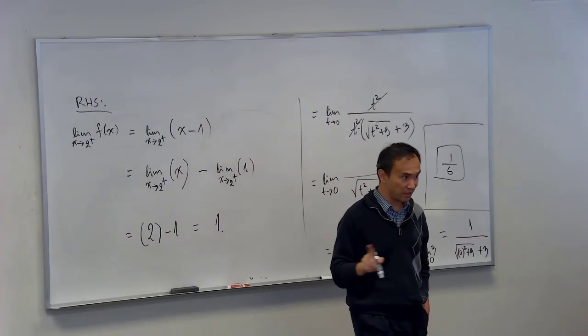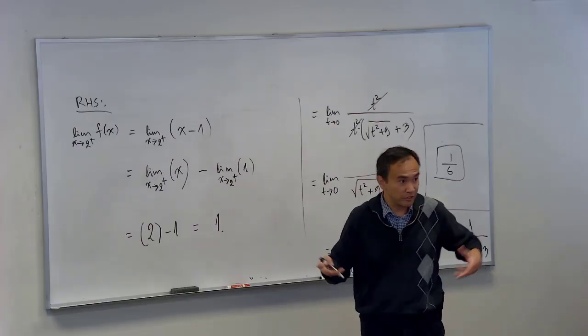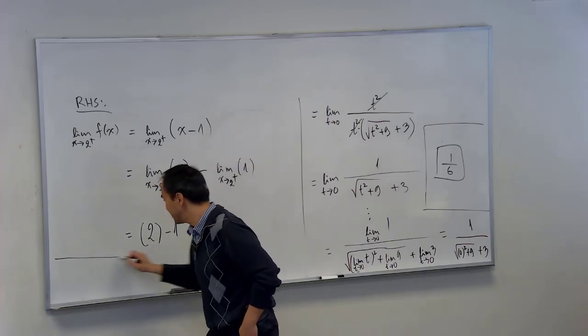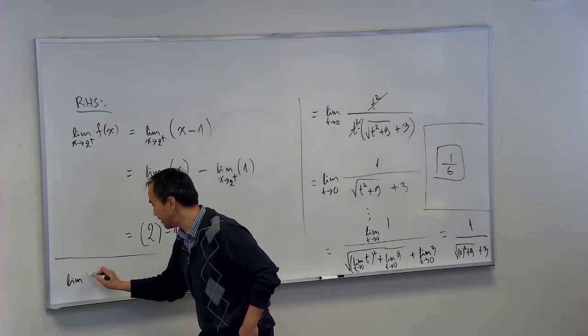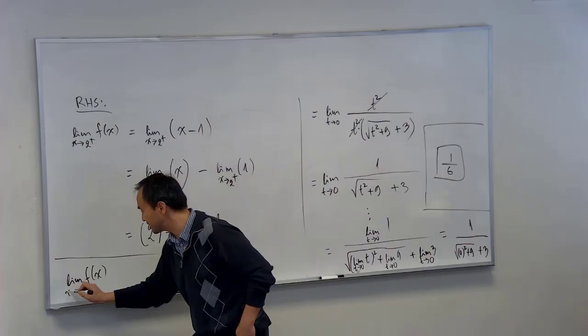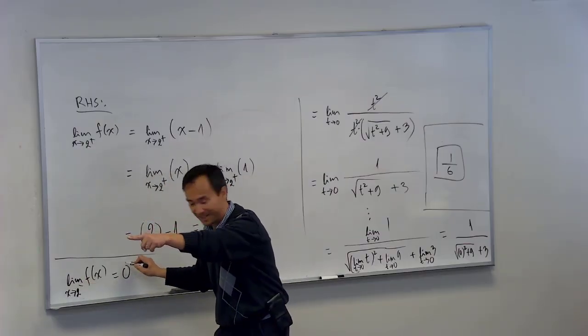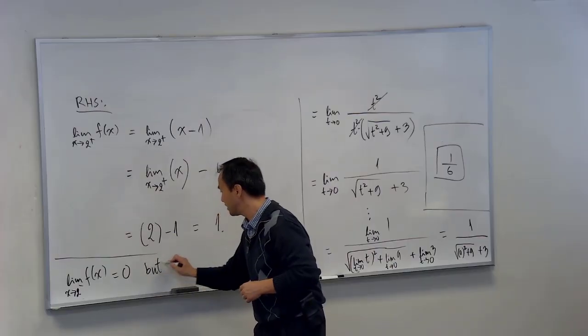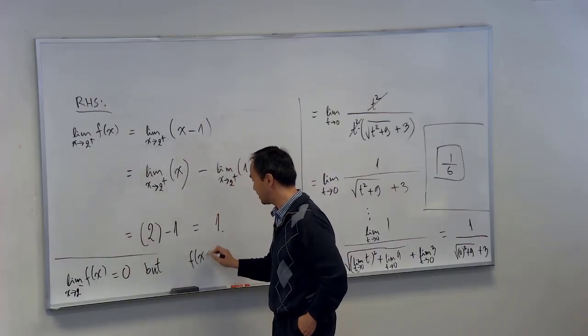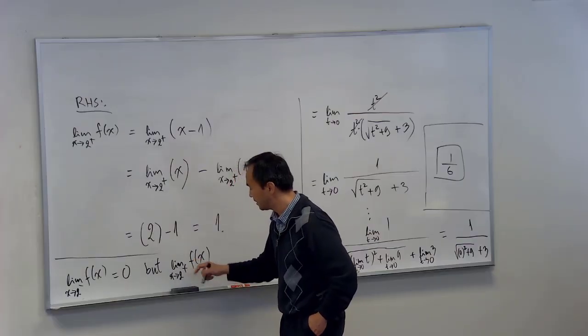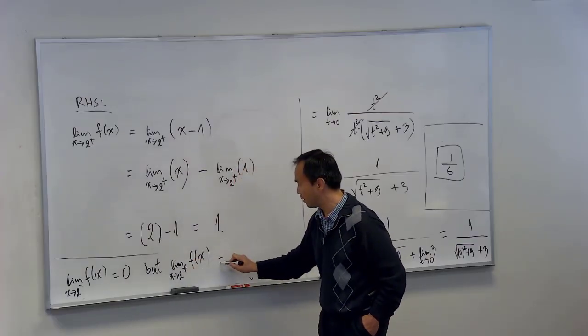So the two one-sided limits this time disagree, right? Think about it. As a general conclusion, the limit of this function from the left-hand side came out to 0, as we found on the other board. But on the other hand, same function, piecewise, the limit from the right-hand side comes out 1.